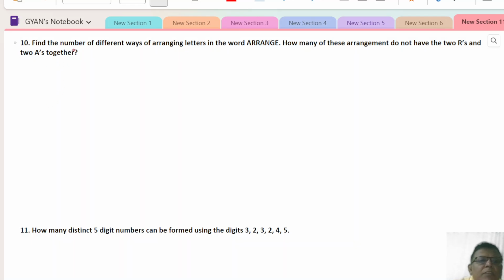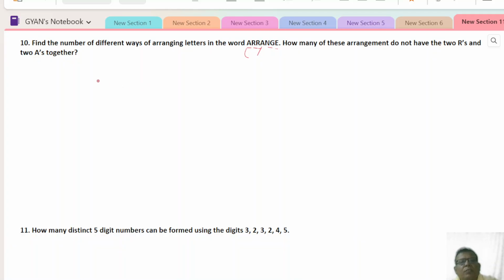Question number 10 is one of the toughest questions. So we'll discuss many things and then we'll do it. So the word is arranged where 2R is there and 2A is there. And remaining N, G is there. So how many arrangements do not have 2R and 2A together?